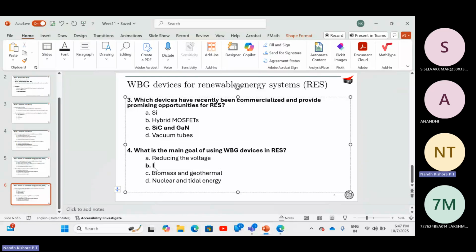Reducing the voltage, increasing system complexity, enhancing power capacity and efficiency.